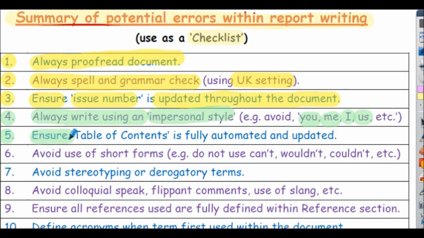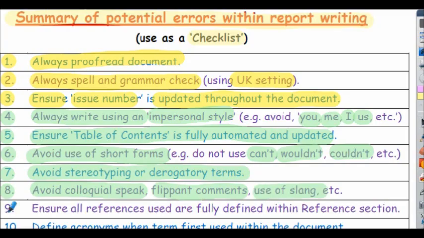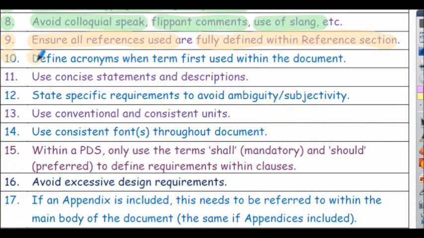5, ensure the table of contents is fully automated and updated for the latest issue. 6, avoid the use of short forms. Try to avoid use of can't, wouldn't, shouldn't, couldn't, etc. 7, avoid stereotyping or derogatory terms. 8, avoid colloquial speak, flippant comments, use of slang. 9, ensure all references used are fully defined within the reference section. 10, define acronyms when they're first used within the document.